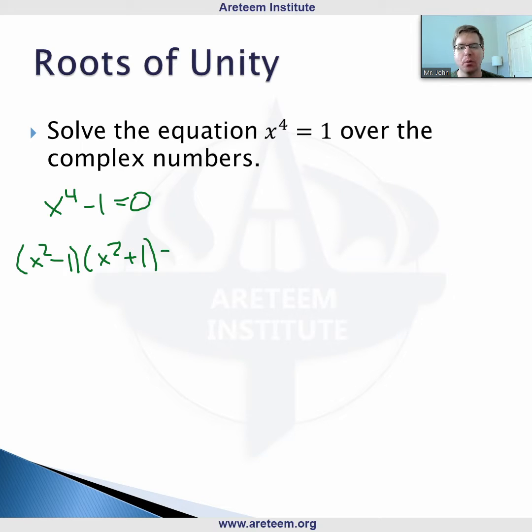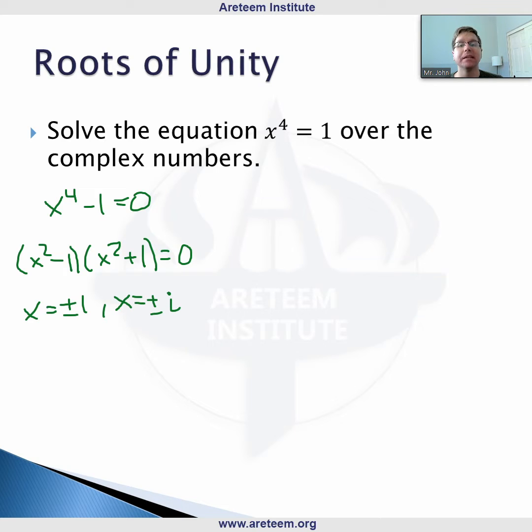From there, whether you continue factoring it or not, it's not too hard to see that this gives us solutions of x equals plus or minus 1, and then x equals plus or minus i. So we have our 4 roots: plus or minus 1, our normal square roots of 1, but then also plus or minus i.